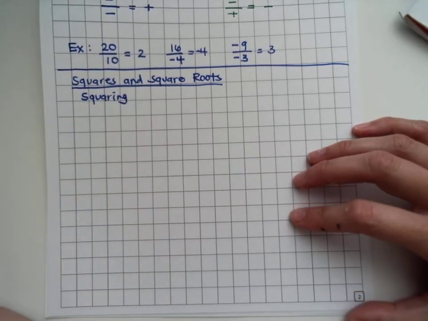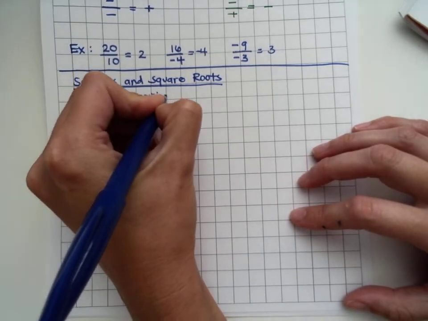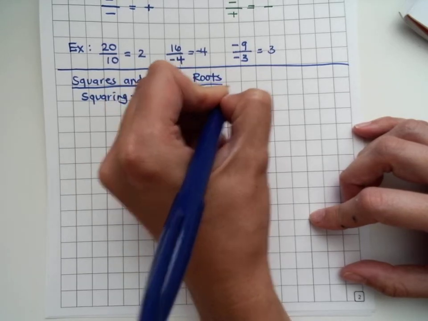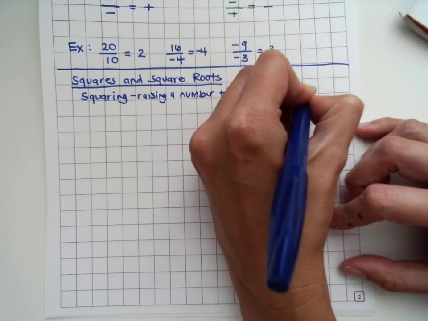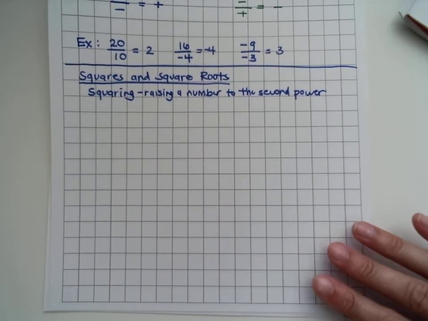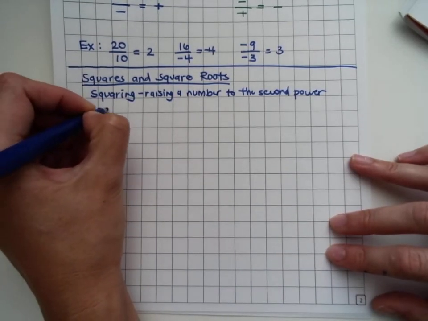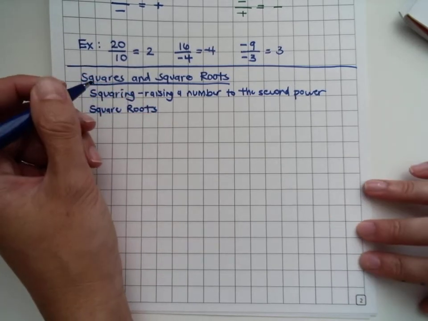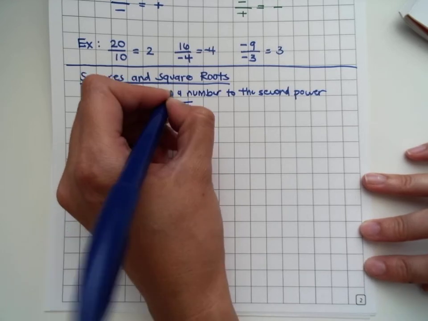Okay, so just some vocabulary. So remember, squaring is just raising a number to the second power. And then we're also going to be talking about the square root, which, say you have the square root of n.